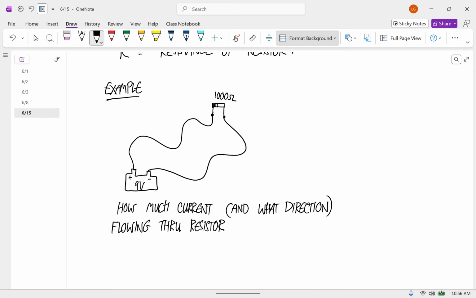Well, when we do these calculations, we're always going to assume that a wire, if all you have is a wire and you don't have any devices on it, has zero resistance.